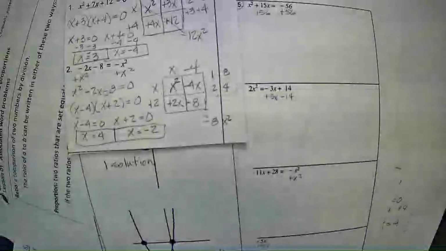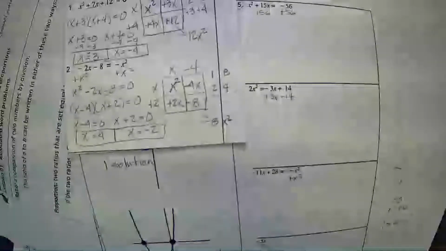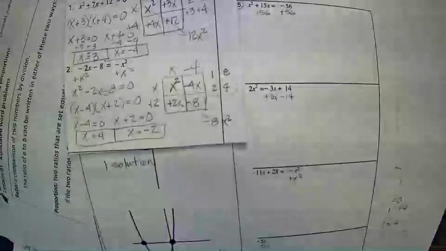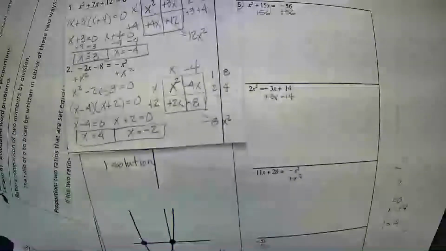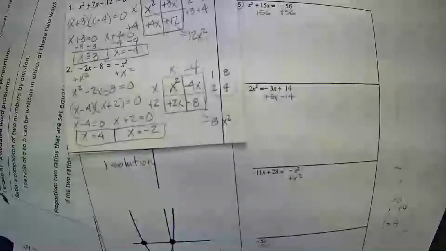x times this, does that give you this? Mm-hmm. x times this, does that give you that? Oh, that's supposed to be a close. No, it is supposed to be. It is right. Okay, no, x times, not that, this is right.